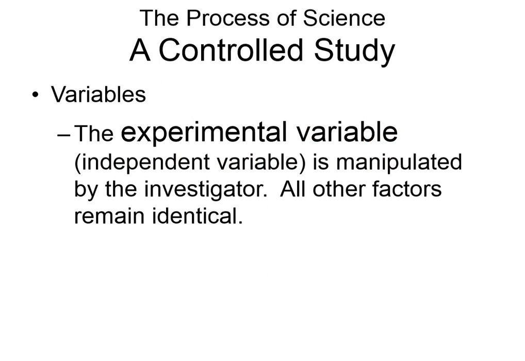So as we are doing our experiments, we have what we call the experimental variable, or sometimes known as an independent variable. So what is this variable? It is the variable that we as investigators manipulate. And every other thing will not be manipulated except that variable.